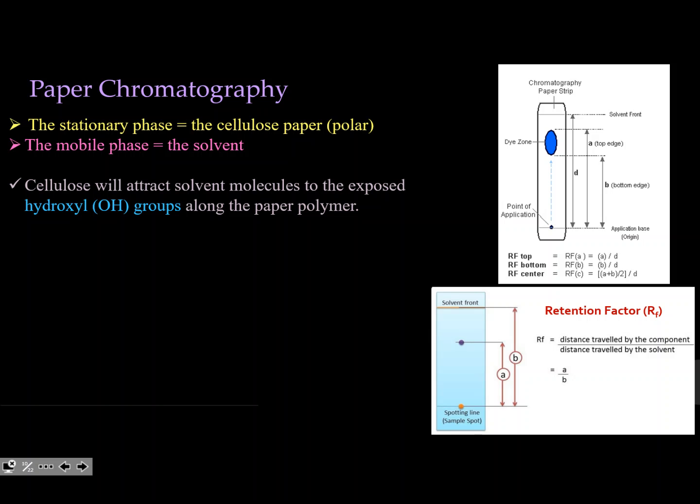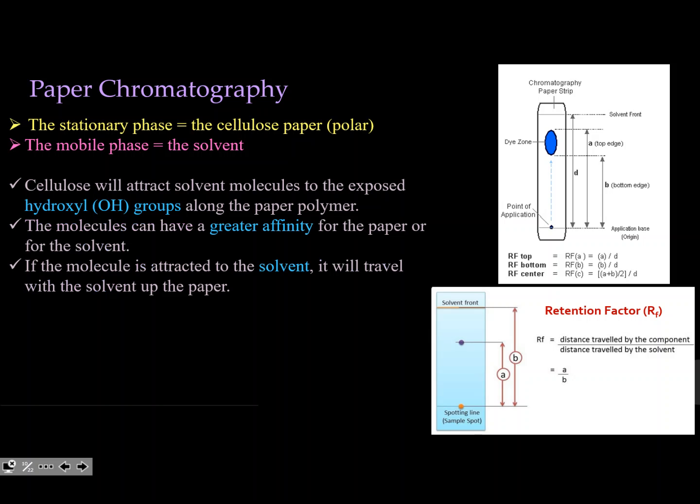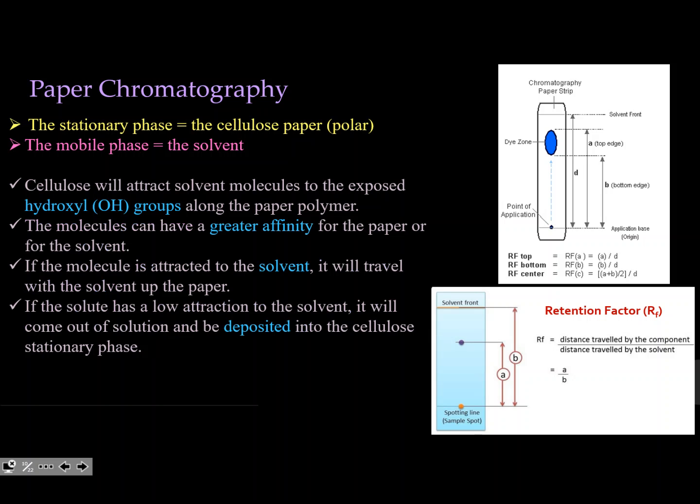All right. The molecules have a greater affinity for either the paper or the solvent. So that's the idea: which one is it more attracted to? If the molecule is attracted to the solvent, it will travel up the paper with the solvent. If the solute has a low attraction to the solvent, it will come out of solution and be deposited onto the paper, the stationary phase, so it's more attracted to the paper, basically.